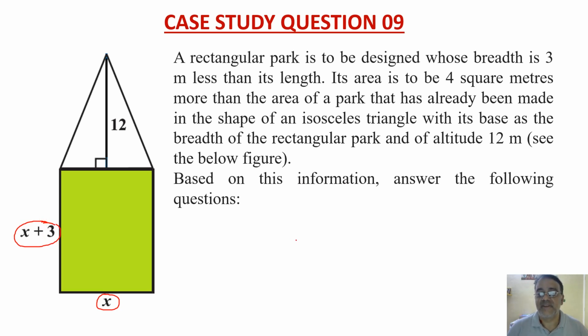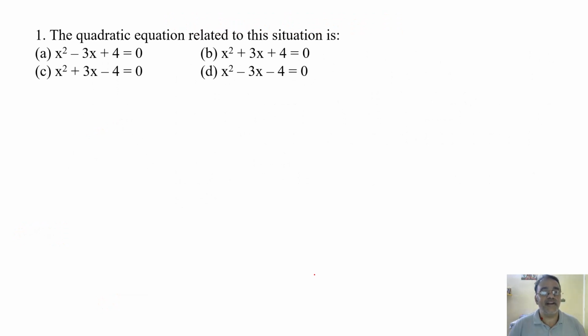Its area is to be 4 square meters more than the area of a park already made in the shape of an isosceles triangle, with its base as the breadth of the rectangular park and altitude 12 meter. Based on this information, answer the following questions. Let us start with the first question: the quadratic equation related to this situation is dash.